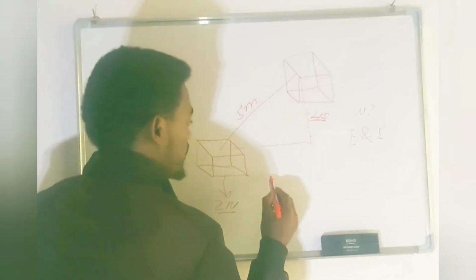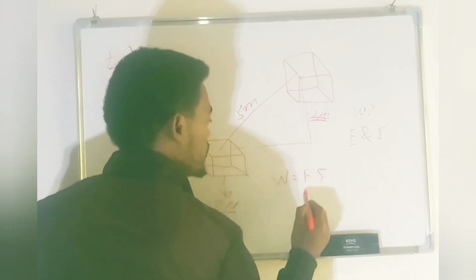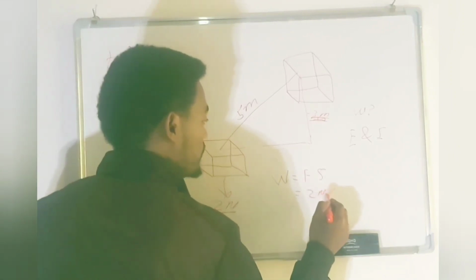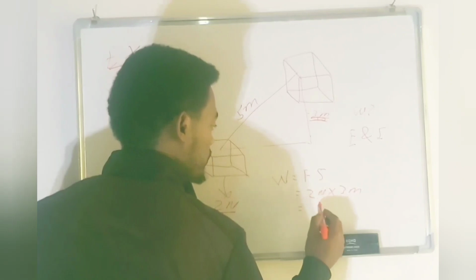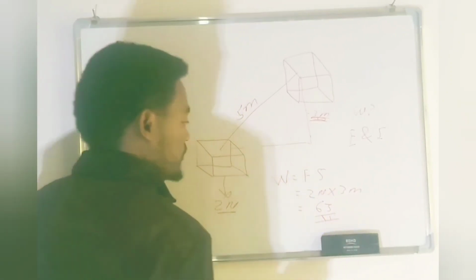So now easily we can find work done, force times distance. Now 2 Newton times 3 meter. So we can have 6 joule. This is the answer.